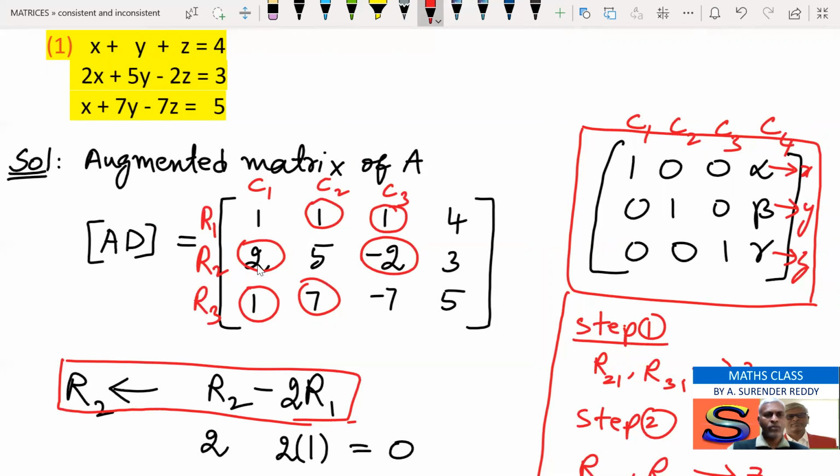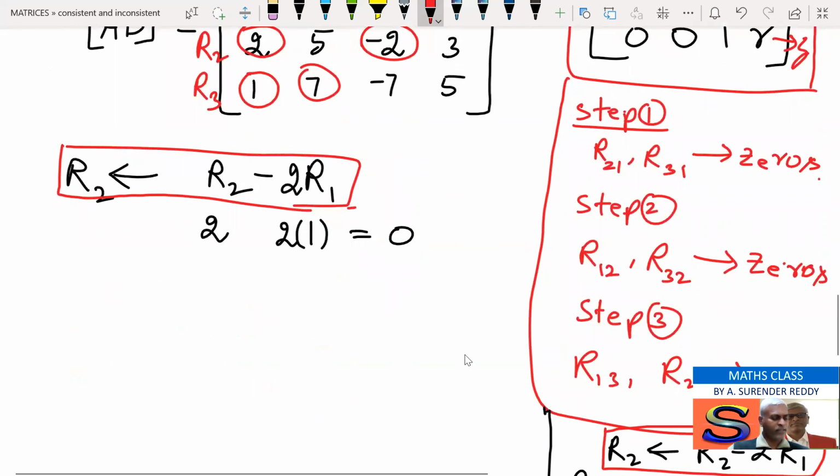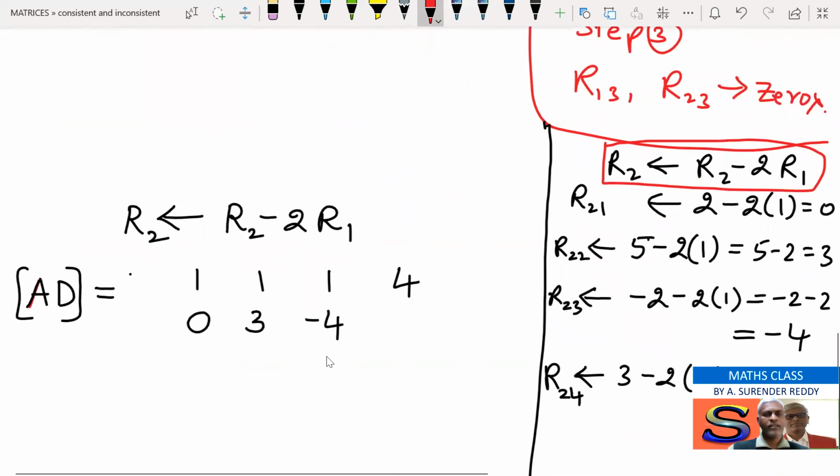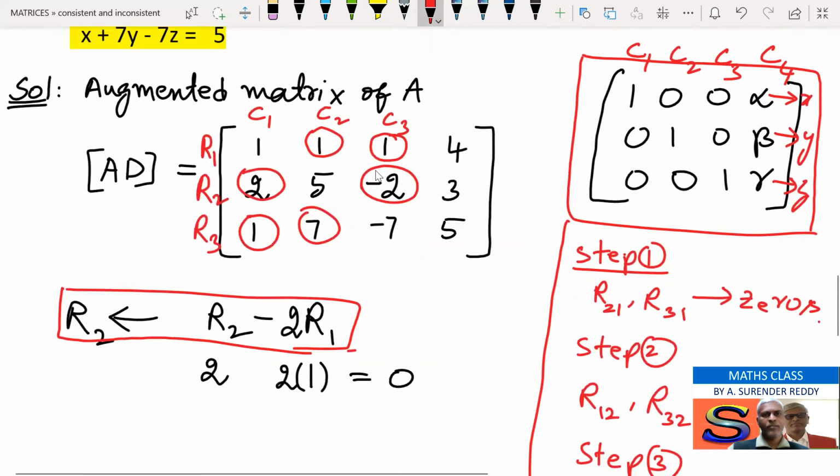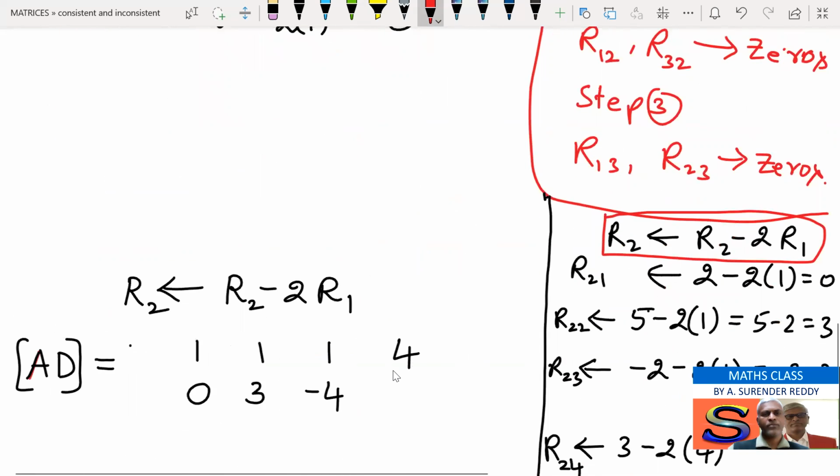So for 2, you take the above number 1. For 5, the above number 1. For minus 2, 1. And for 3, 4. Taking 2, 1 and substituting in this formula, you get the value 0. Taking 5, 1, you get 3. Taking -2, 1, we get -4.